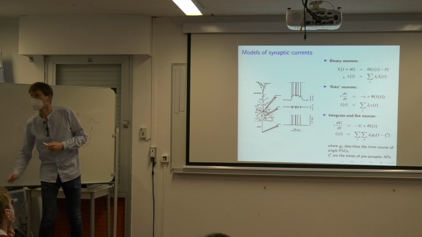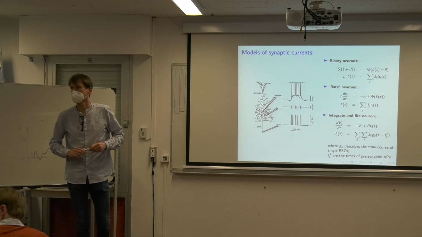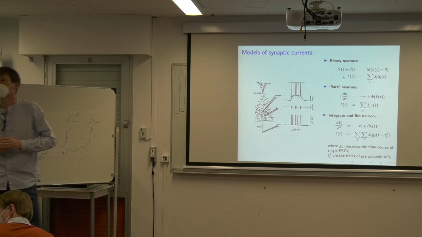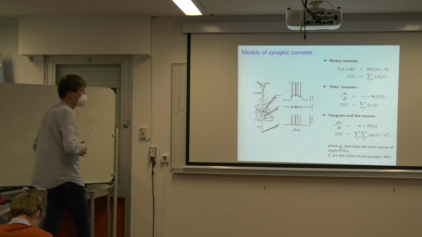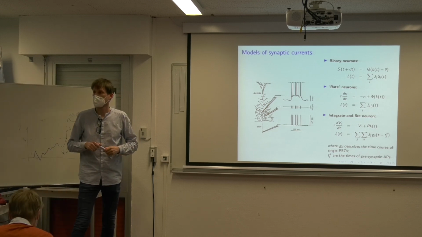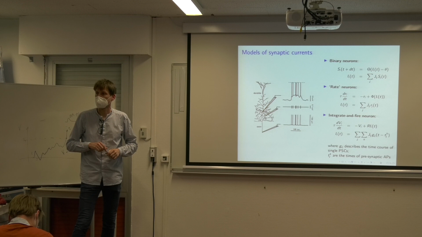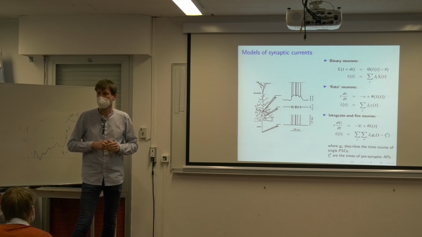One question. Yes. In the rate neurons, it is only taken into account how fast you are spiking, but not when exactly you are spiking. Is there any way to take into account, for example, two inputs that are synchronous or asynchronous? Because I think that would make a difference, right?